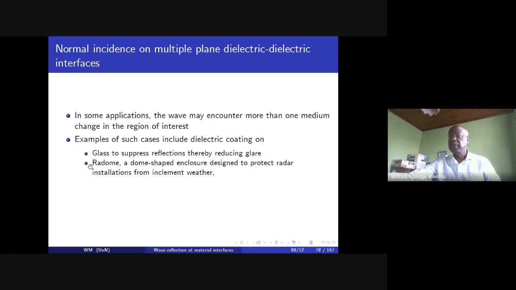Two, we can also look at what is called a radome. A radome is a dome-like installation, usually in the form of a spherical surface, where you put the radar equipment inside with the antenna to protect them from the weather and the elements.